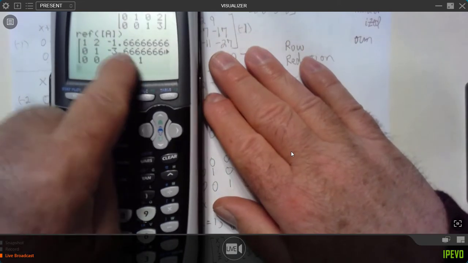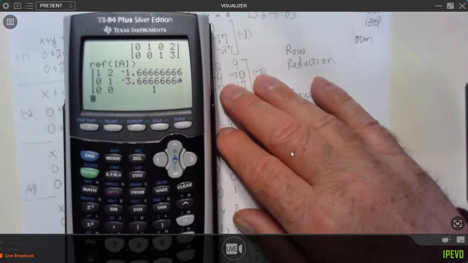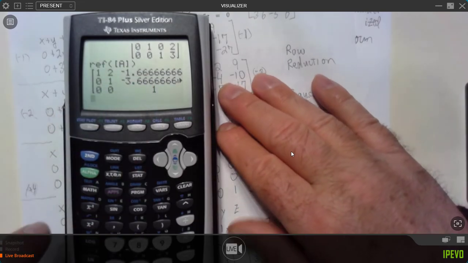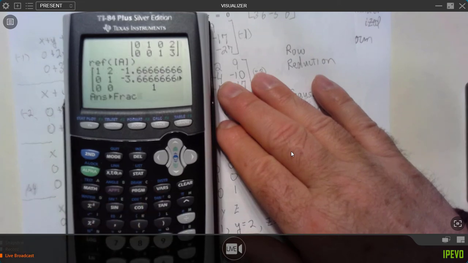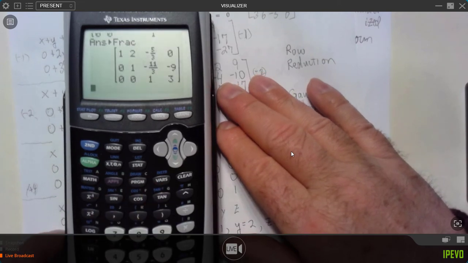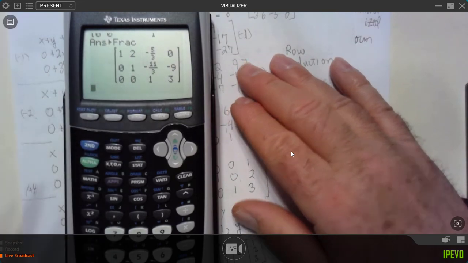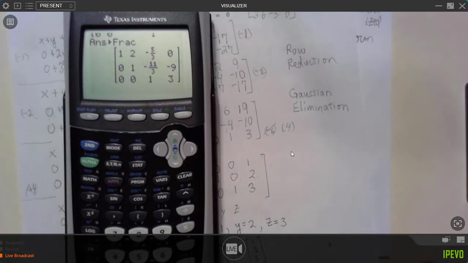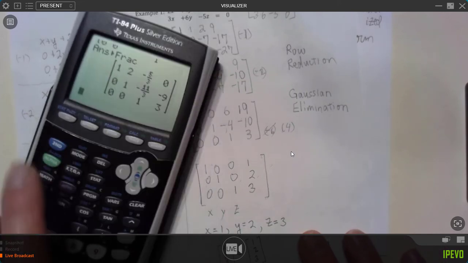And just like with MATLAB, you can get this in fractional form if it's appropriate. So I can go to Math, to Frac, and there it is. There's a row echelon form. By the way, the row echelon form of a matrix is not unique, but the reduced row echelon form is. So this is quite handy.